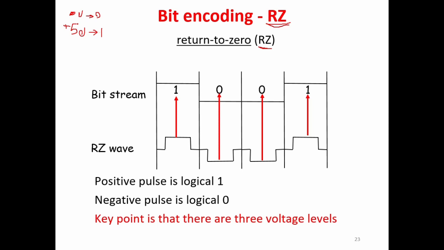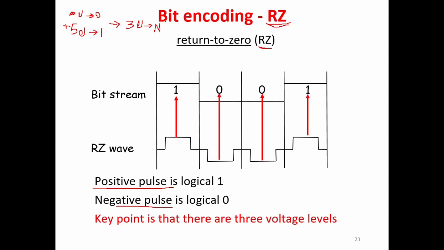So in computer architecture or network communication, 0 voltage is represented by 0, and plus 5 voltage is represented by 1. But here we have three different levels. Here 1 and 0, you can see, for 0 is called negative pulse and 1 is called positive pulse. But in this return to zero, we have one intermediate voltage level, which is actually 3 volt, and this is represented by N, which is called neutral.